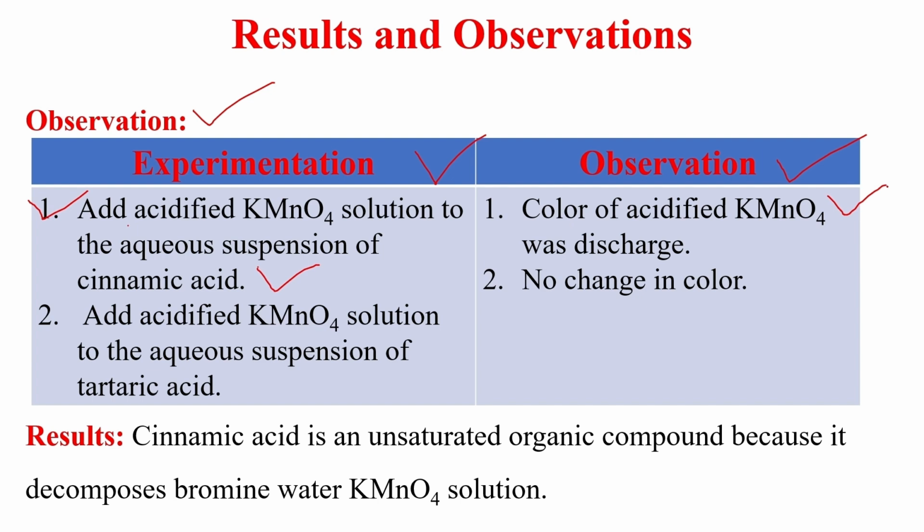In the second experiment, acidified KMnO4 solution is added to the suspension of tartaric acid and there is no change in the color. What will be the result for cinnamic acid? The cinnamic acid solution is an unsaturated organic compound because it decolorizes the bromine water and KMnO4 solution.